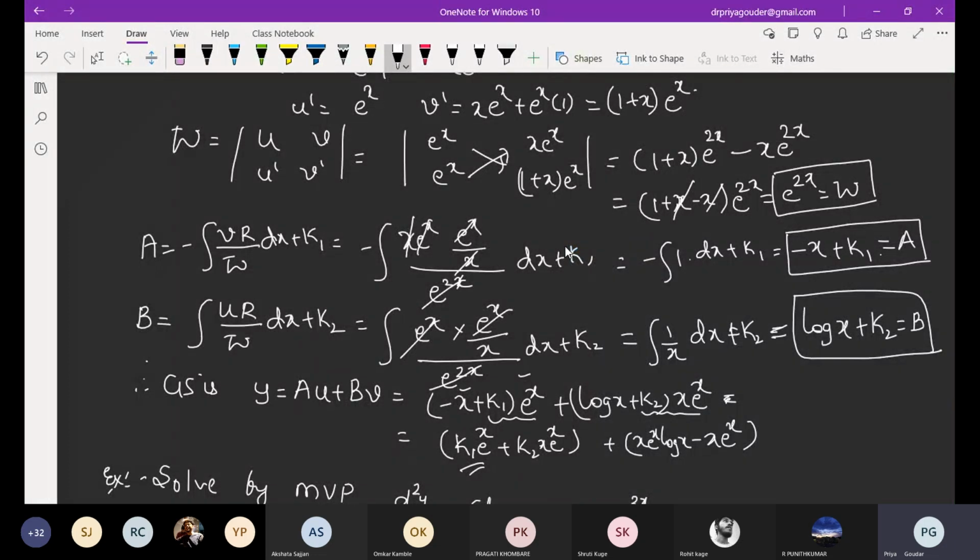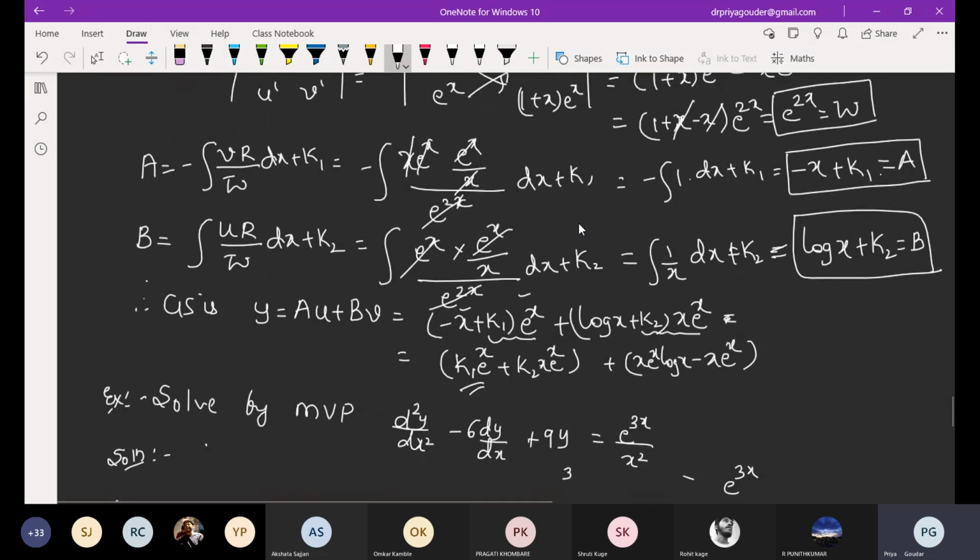Some teachers teach by taking it as C1, C2, but I don't use it because C1, C2 are already used. If you take it, it is not wrong. What is the first bracket representing? This is CF and this is PI actually.